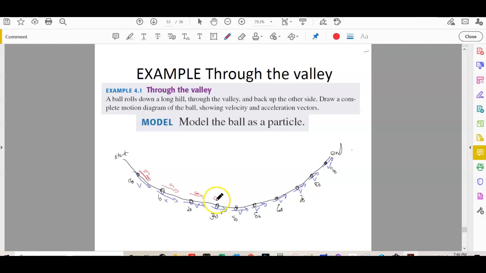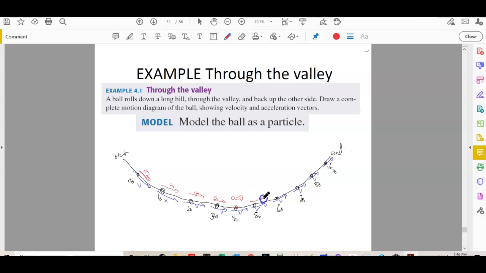And then I think when you hit the level point right here, your acceleration is 0, okay? On level ground, if the ball is just freely rolling and there's no force driving it, then you have no acceleration. You would be moving at a constant velocity.